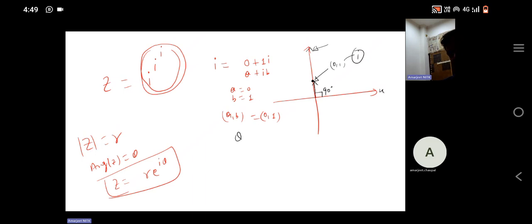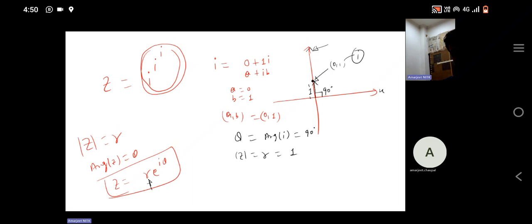This means the value of theta, that is the argument of iota, is 90 degrees. And this distance is 1. So modulus of z is equal to r is equal to 1.